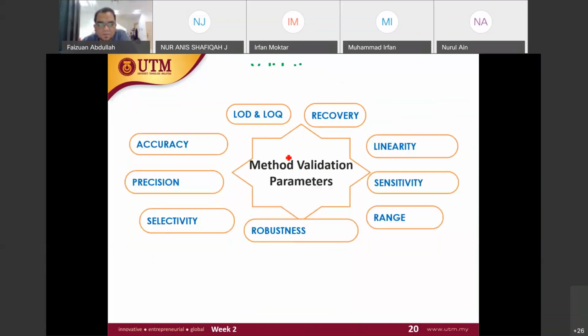There are a lot of parameters in method validation. We have LOD, limit of detection, LOQ, limit of quantification, recovery, and linearity.